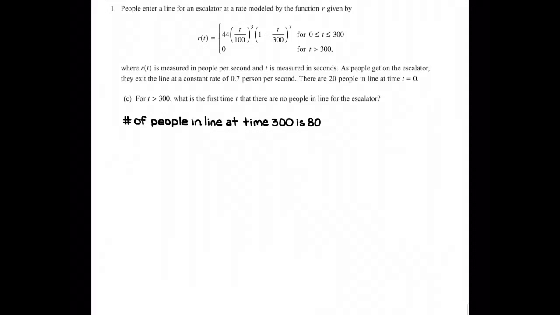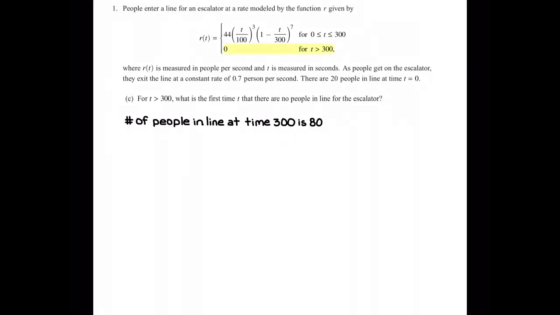In Part B, we figured out the number of people in line at time 300 is 80. R of t represents the rate that people are entering the line. For times greater than 300, the rate is 0 people per second.